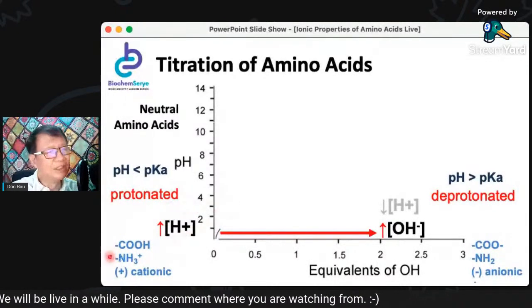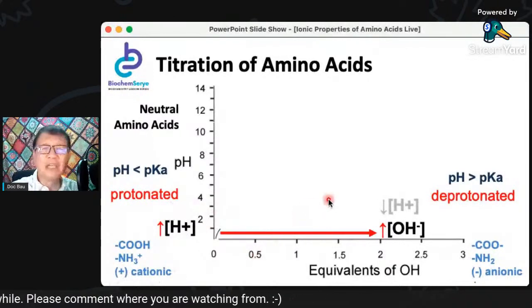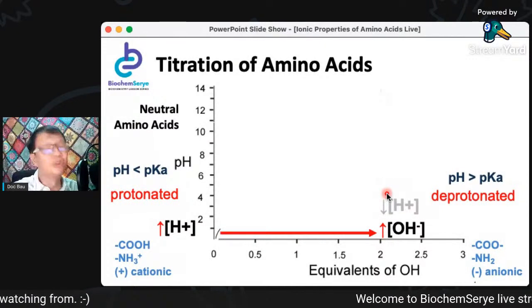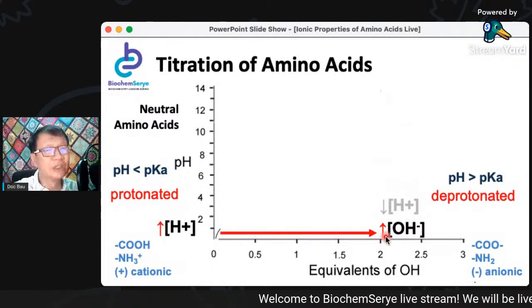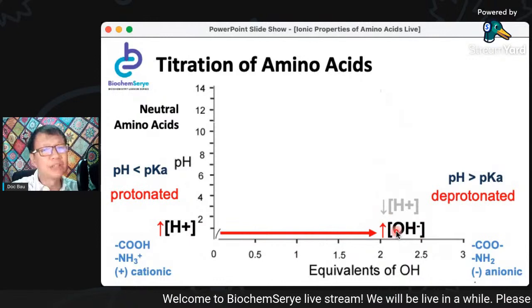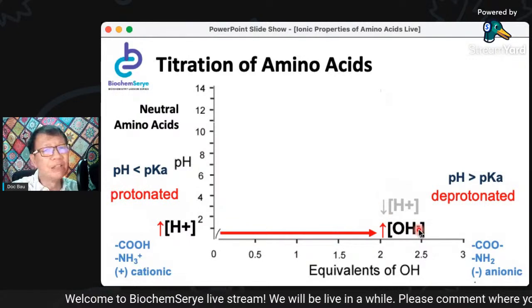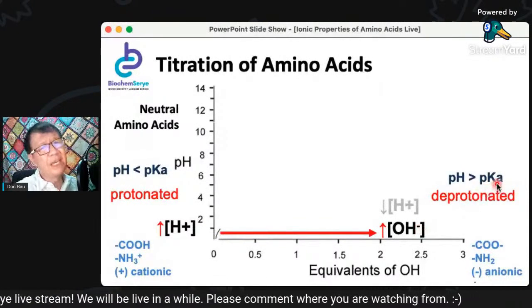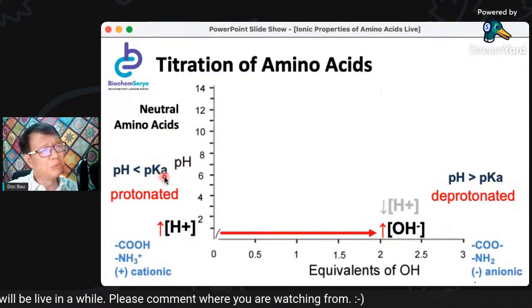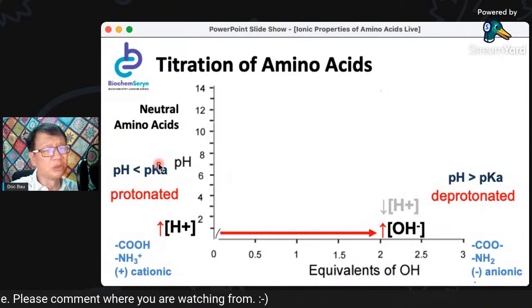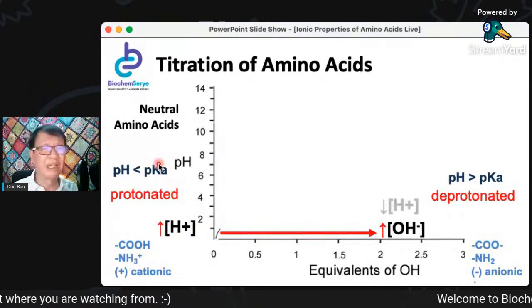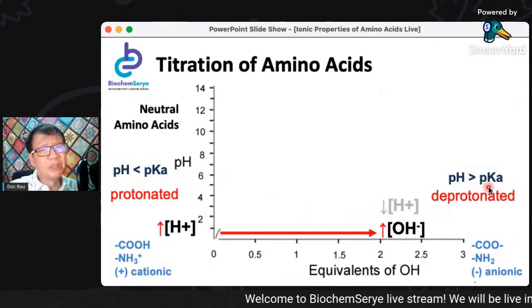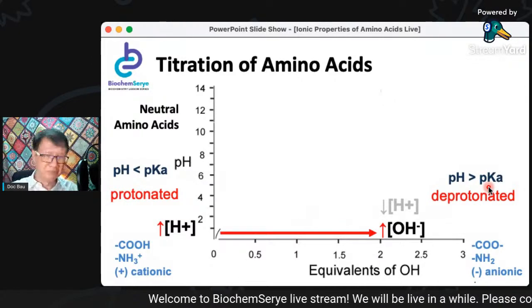However, at high pH, we expect your hydrogen ion concentration to be low, but just remember your hydroxide ion will be high. It is negatively charged. So if the pH is above the pKa of that functional group, and when we say pKa, that's of the functional group, not of the entire amino acid, what happens now?